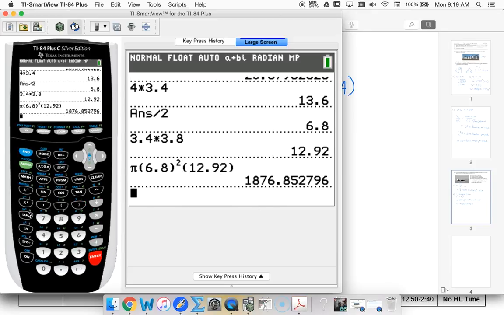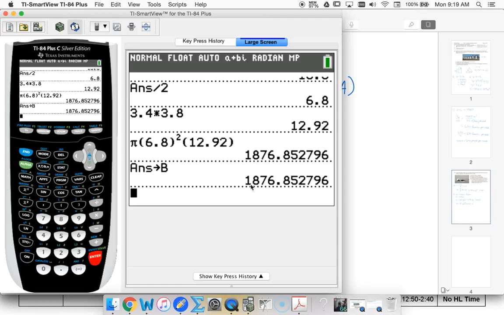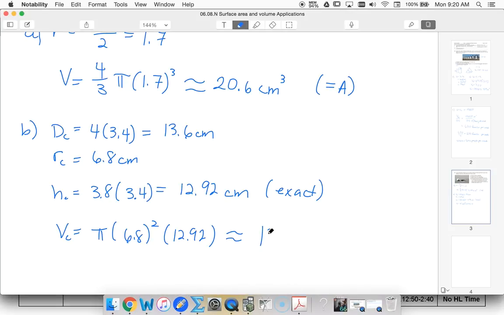And I'm going to store this value as well because I'm probably going to need it. So I'm going to store that as B. And if I round to 3 significant figures, then I'm going to get about 1880 centimeters cubed. All right.